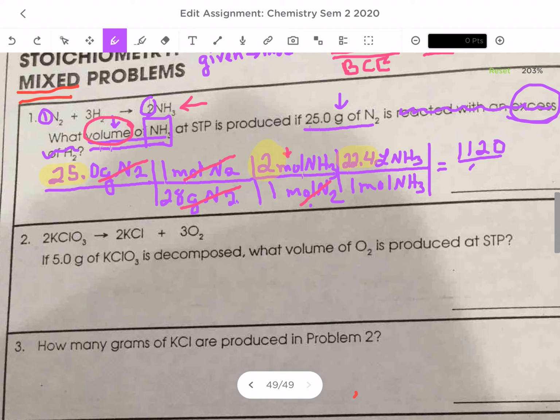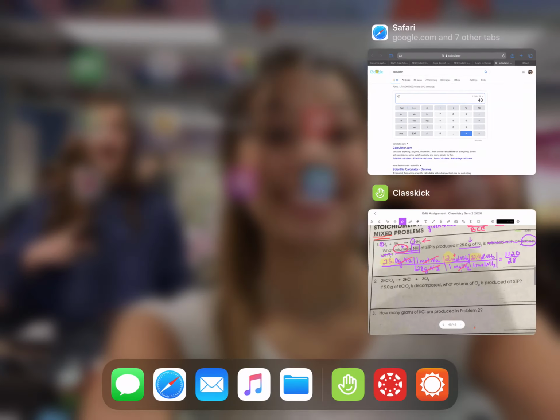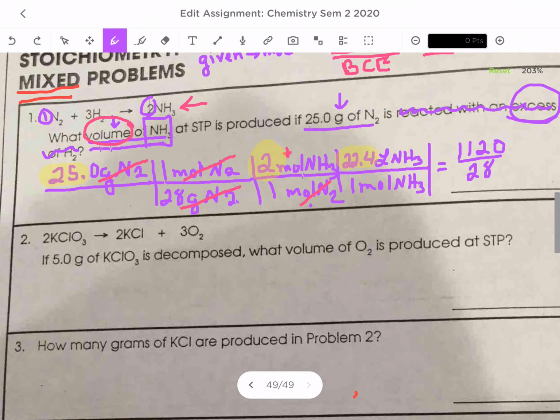So that's just 28. So divided by 28. Go back to my calculator. Divided by 28 equals, wow, 40. Who'd have thought? Okay, so I got 40.